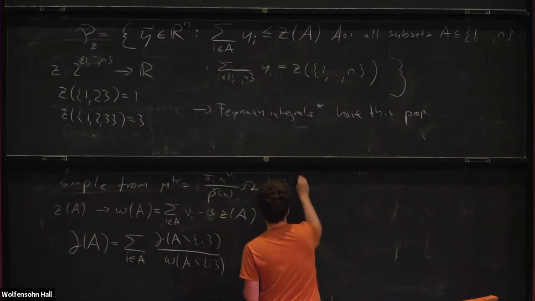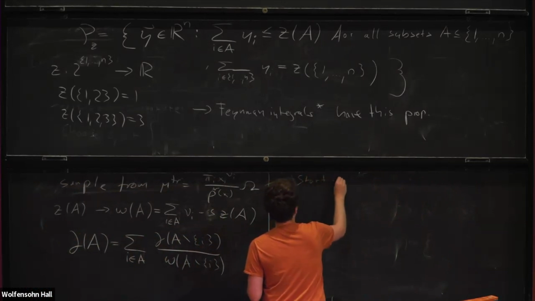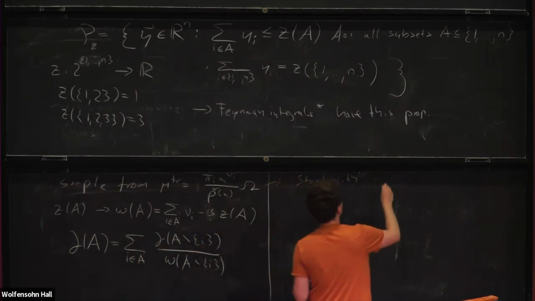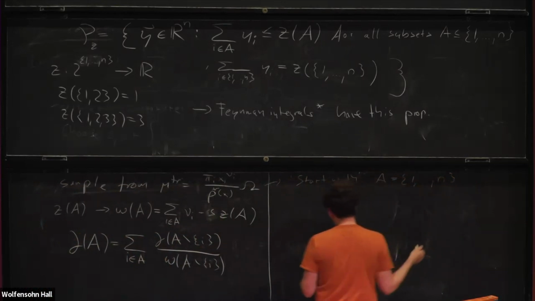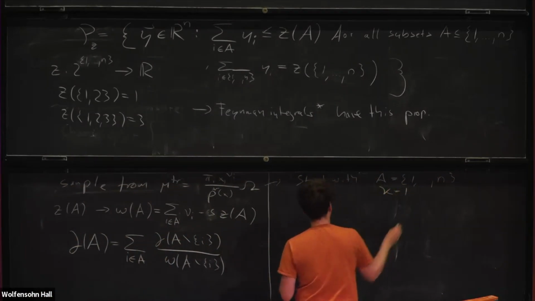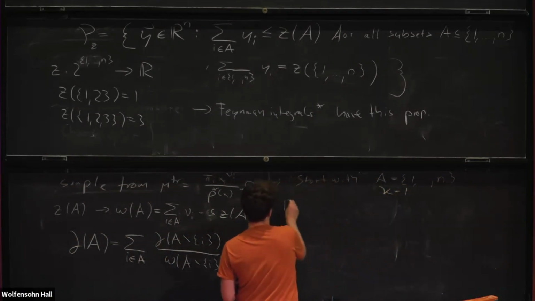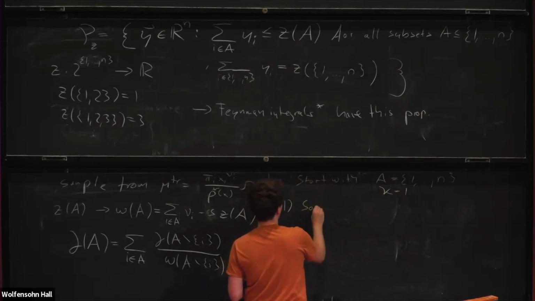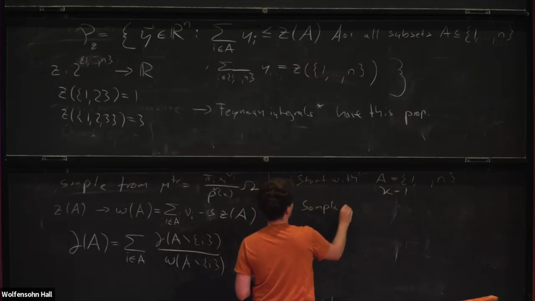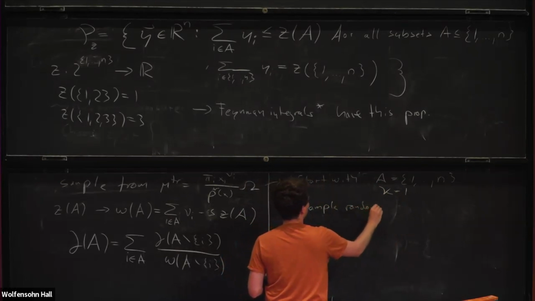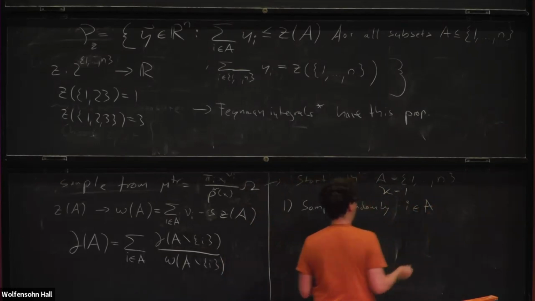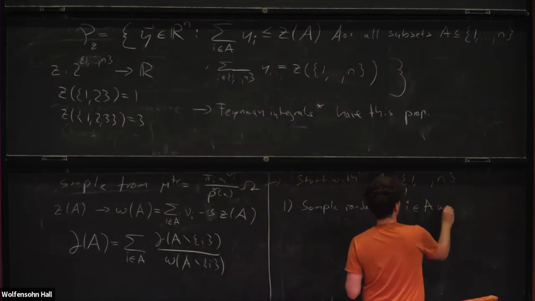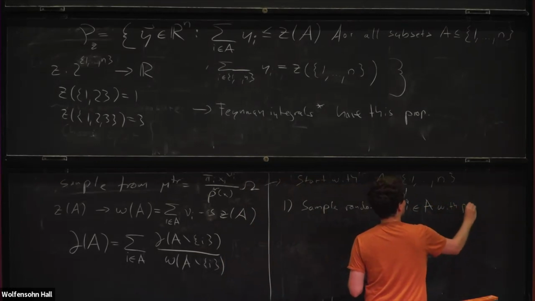So we start with A being the complete set, and some value kappa, which is 1. Then the first step, we randomly sample some index i out of this A with probability given by this J function.